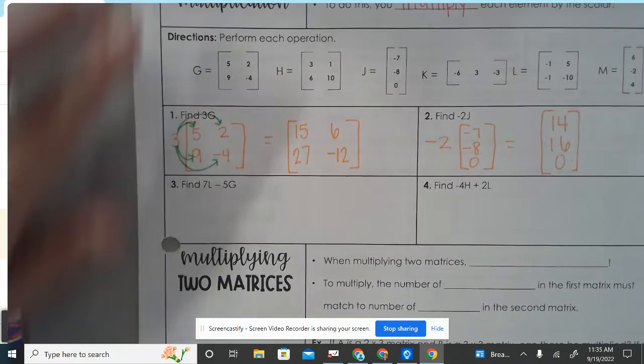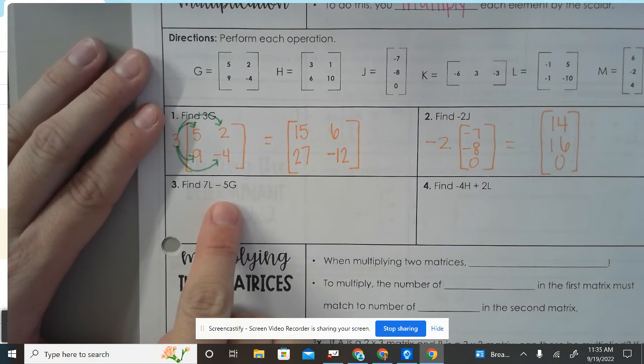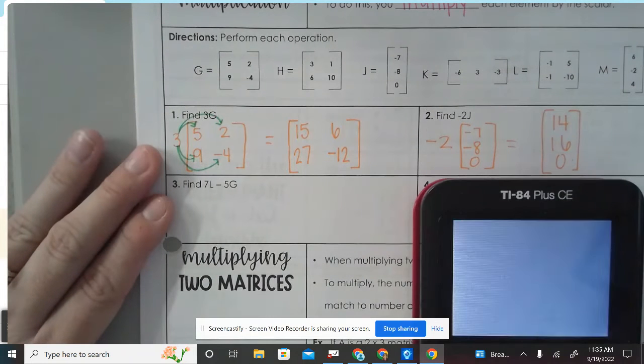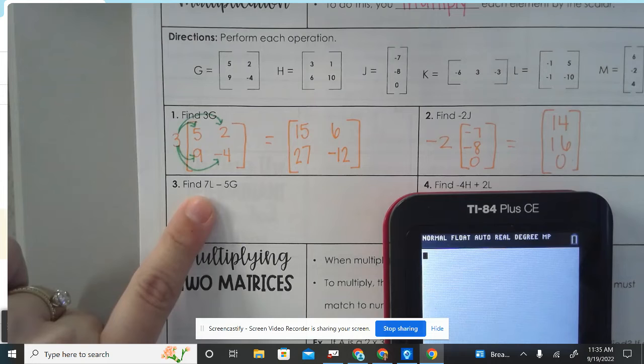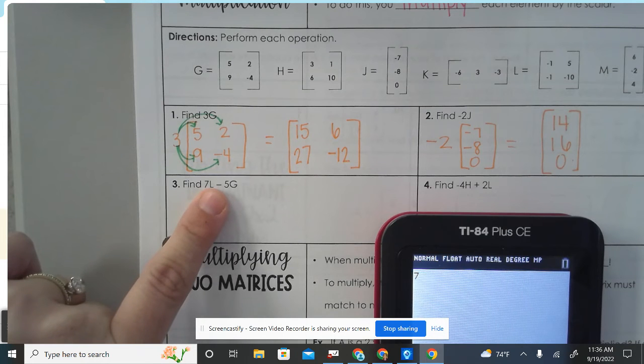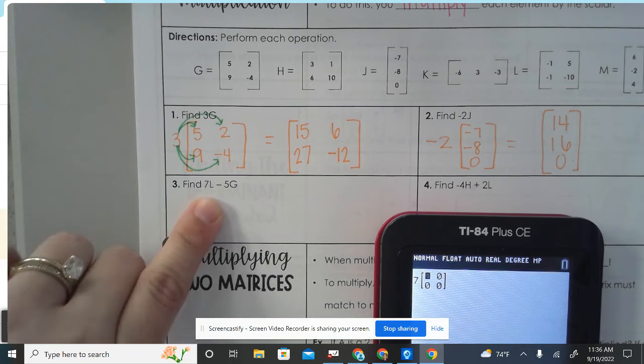If you look at number 3, we're doing 7L. So we're doing 7 times matrix L minus 5G. Probably getting to where it would be easier to just type it in the calculator. So 7, and then you type in a matrix. Do you all remember what buttons you push to do a matrix? Alpha zoom. And it's a 2 by 2 matrix. L is.